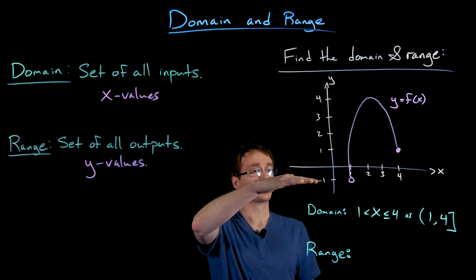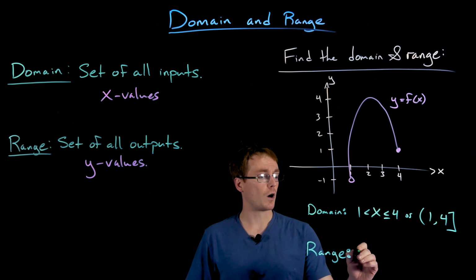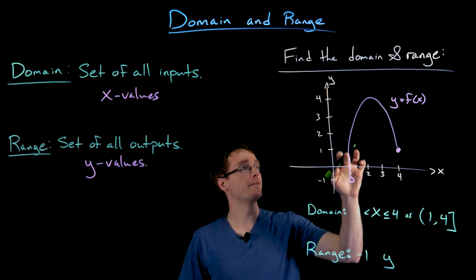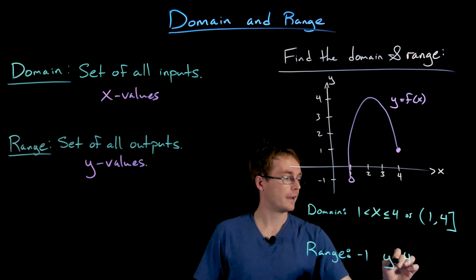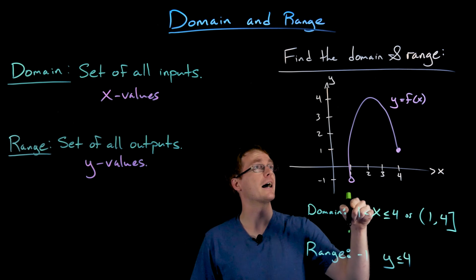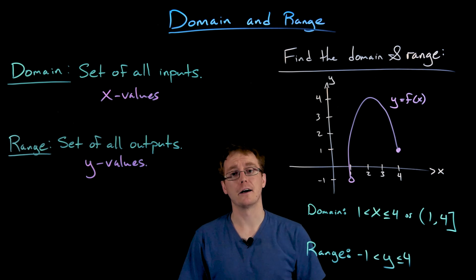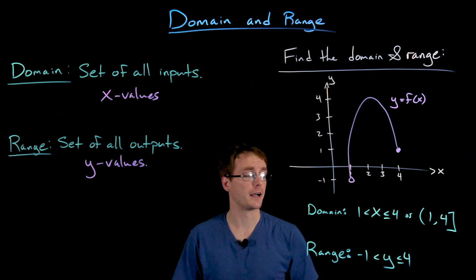The lowest y value that we get close to but actually don't hit is going to be y equals -1. And the largest y value we get up to is y equals 4. There we include that highest y value, but we exclude that lowest y value. So again, we have a similar shaped interval, open on the left-hand side, and closed on the right-hand side.